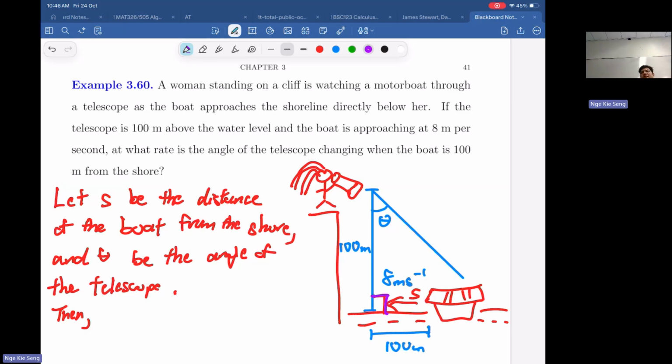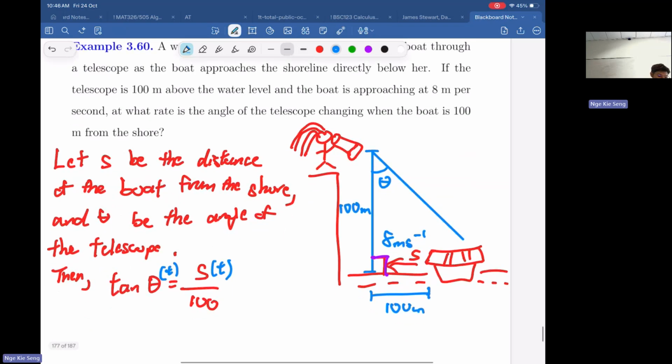So what do you get? Tangent. Tangent theta equals opposite over adjacent. So this is the function that you want to look at. Both of these are implicit with respect to time. And then what's given here?